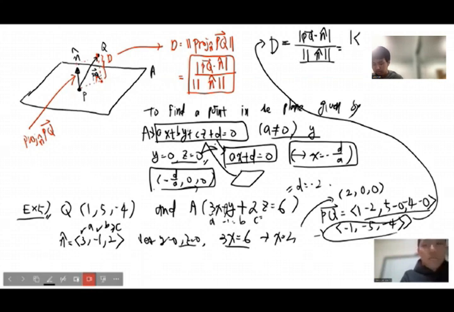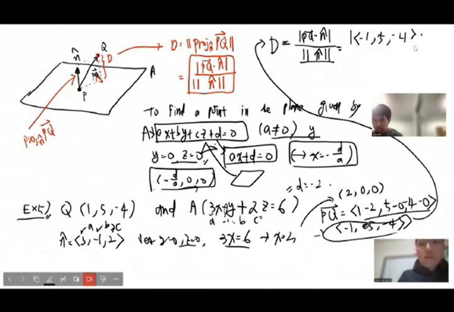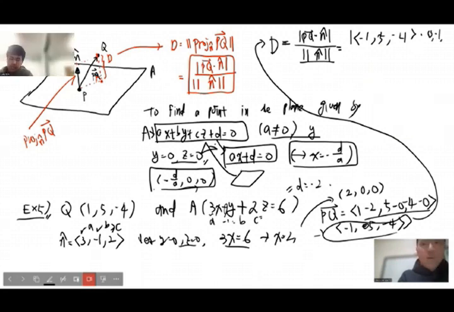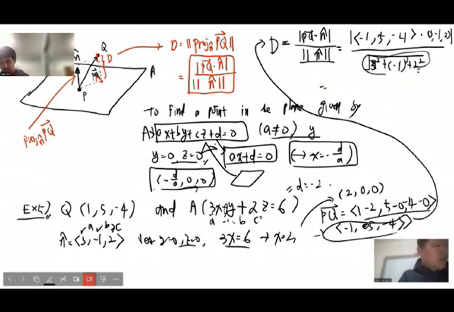So that should be (minus 1, 5, minus 4) dot product (3, minus 1, 2), divided by the magnitude of the normal vector, which is the square root of 3 squared plus minus 1 squared plus 2 squared. So that is square root of 14.